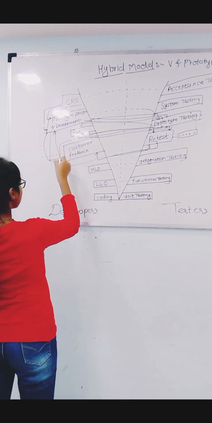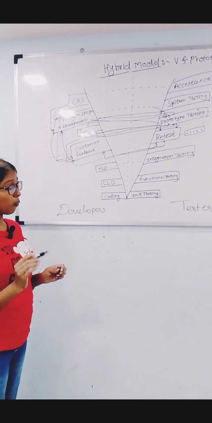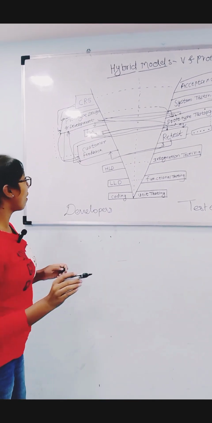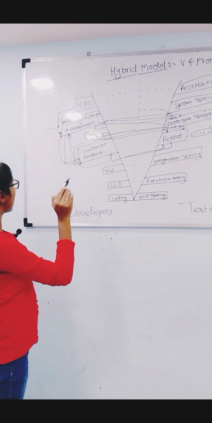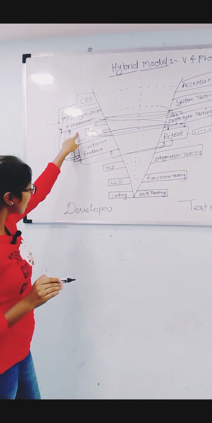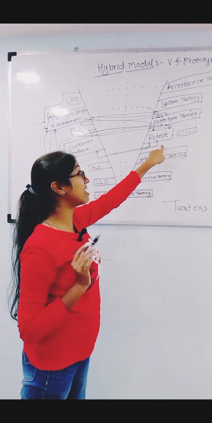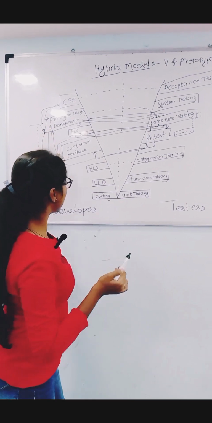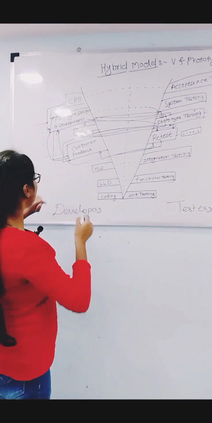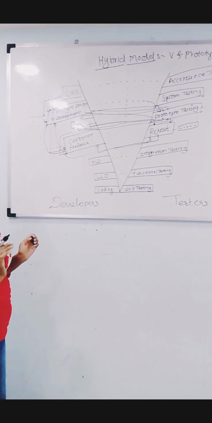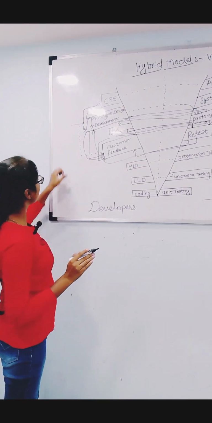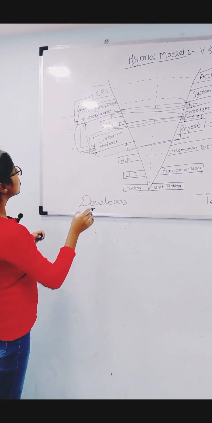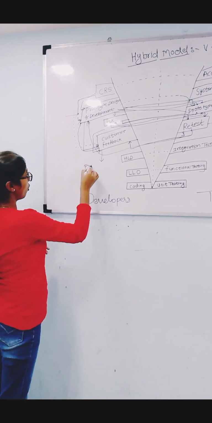Then it is sent to the customer again. If the customer does not want any change in the prototype model but finds some defect, it is sent to the developer, that is, prototype design and development. After fixing the defect, it is sent again to the prototype testing, so retest happens many times. Once the prototype software is stable under the prototype testing, it is sent again to the customer. When the customer does not find any defect in the prototype model or does not want any changes in it, the customer should give approval for the prototype model.